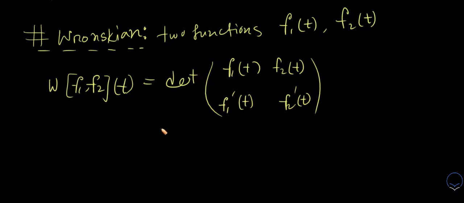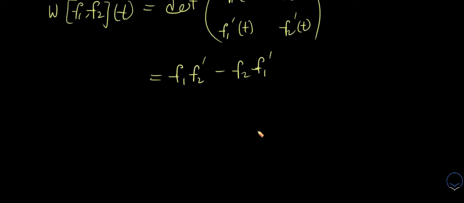So if you write it more explicitly, this is just f1 f2 prime minus f2 f1 prime. And notice that I haven't written the t dependence explicitly. It is understood from the context. So why is this Wronskian useful? Because the Wronskian tells us about the linear independence or linear dependence of two different functions.